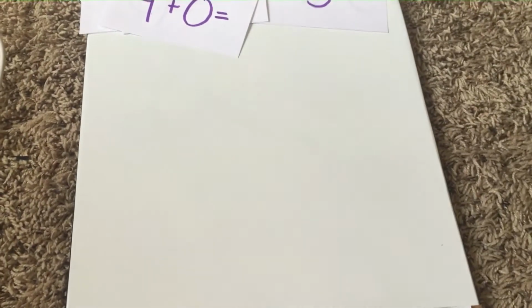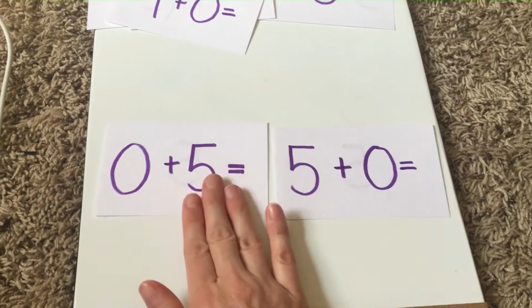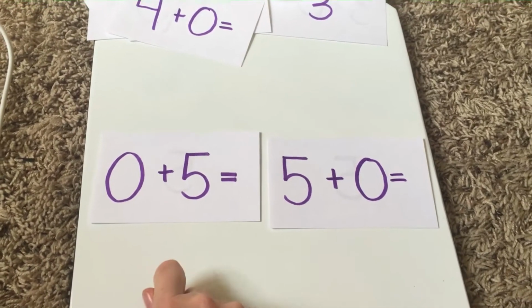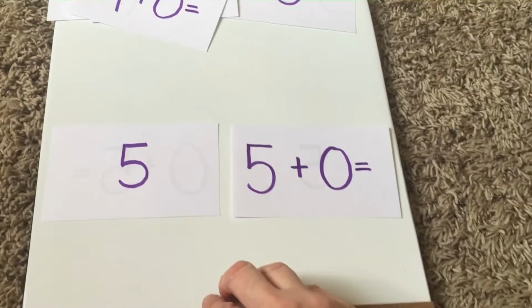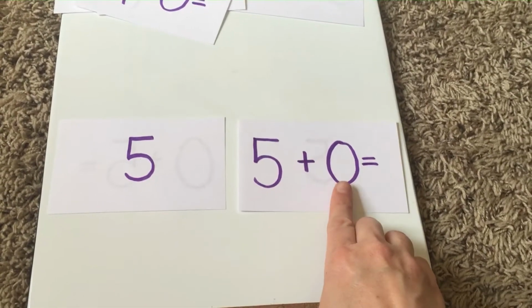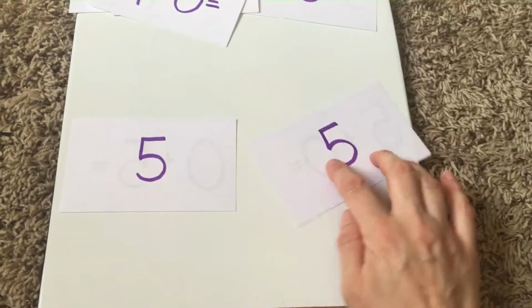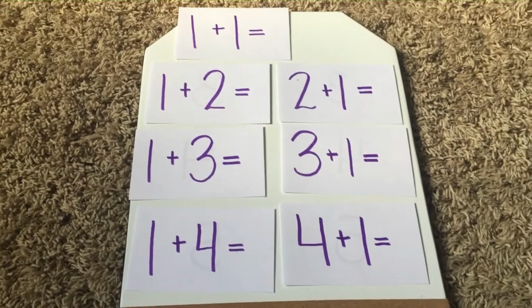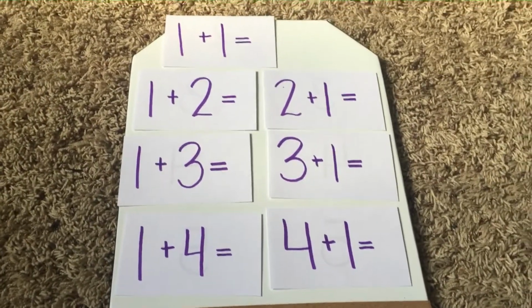And last, let's try these. 0 and 5 is the same as, you're right, 5. And last one, 5 and 0 more is the same as 5.